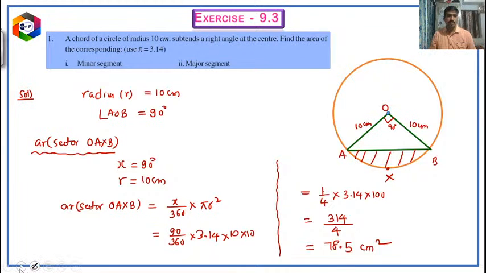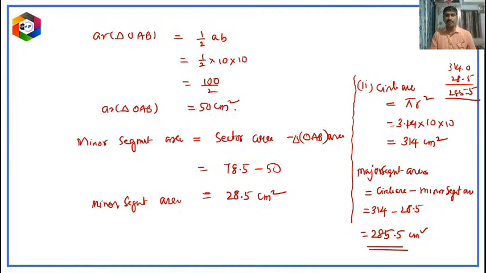So half into 10 into 10, which is equal to 50. Now the minor segment area is equal to total sector area minus triangle area, 78.5 minus 50, which is 28.5. Now the circle area we have calculated, pi r square, which is 314. Now the major segment area is circle area minus minor segment area. So 314 minus 28.5, upon subtracting, is 285.5 square centimeters.